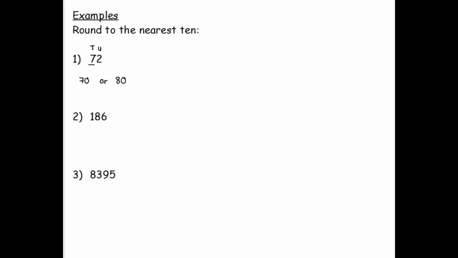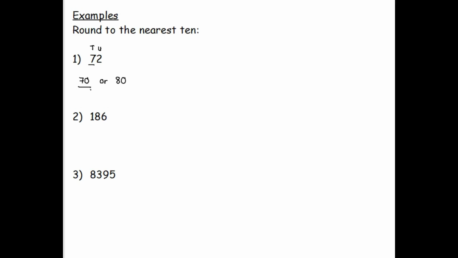So we found our tens column and we have a 70. Remember, we then said we have to look at the column after it. This is where you use your rules. So in the column after it we have a 2. This is 4 or less, so the place value stays the same. So it stays as a 7, so it's a 70. So when we round 72 to the nearest 10, we get 70.